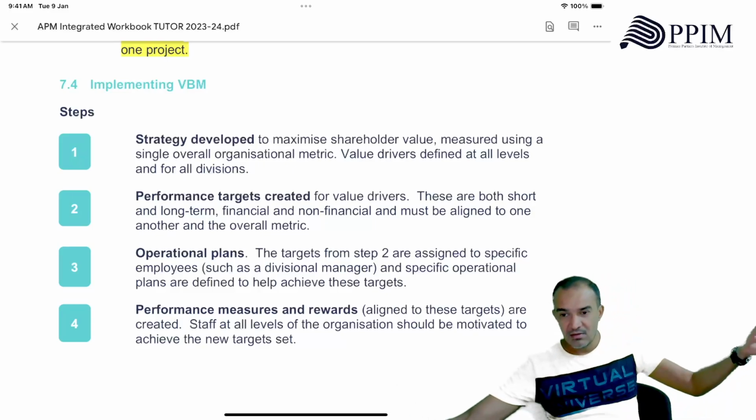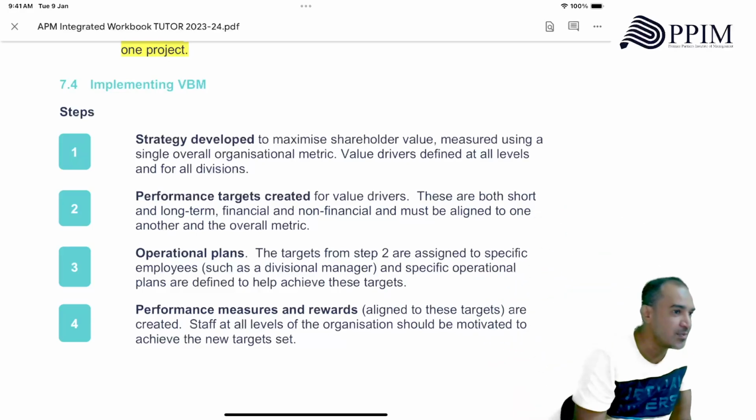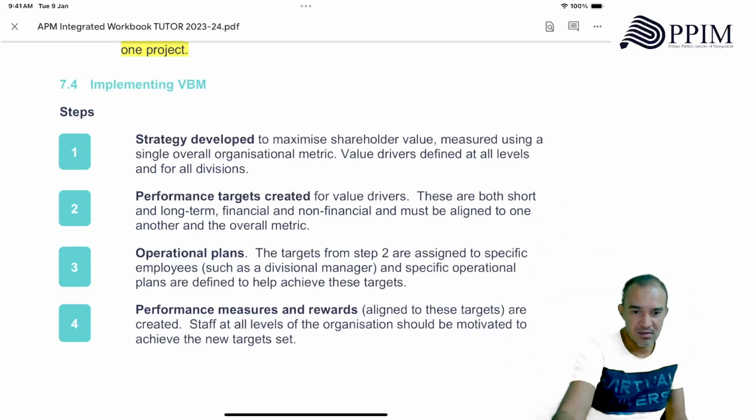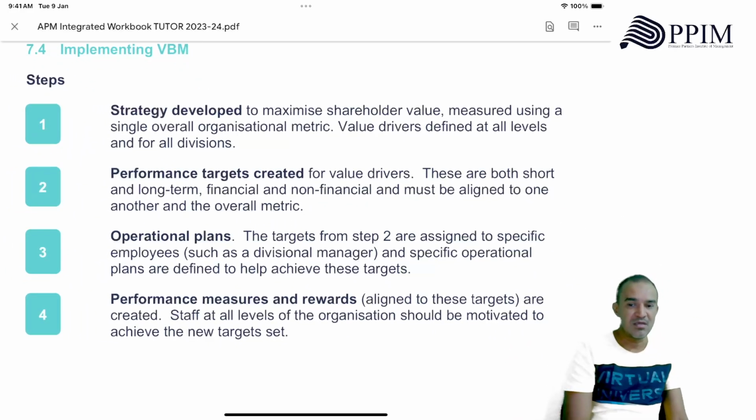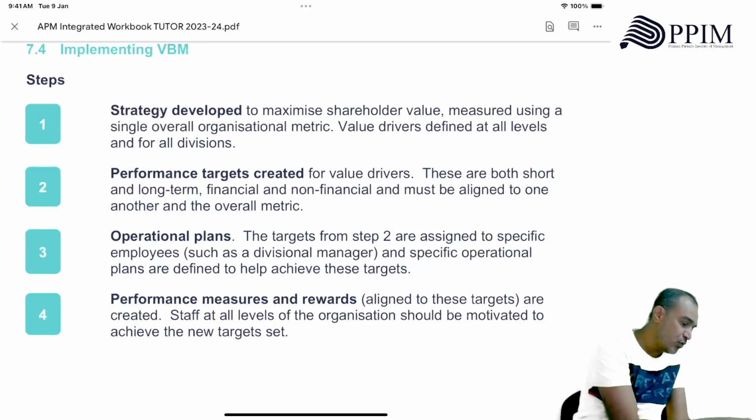So number 1, you must have a strategy in place. A strategy developed to maximize shareholder value. Then performance targets created for value drivers. Value drivers are things that will give you value: revenue, reduction in cost of capital, reduction in tax, reduction in working capital.